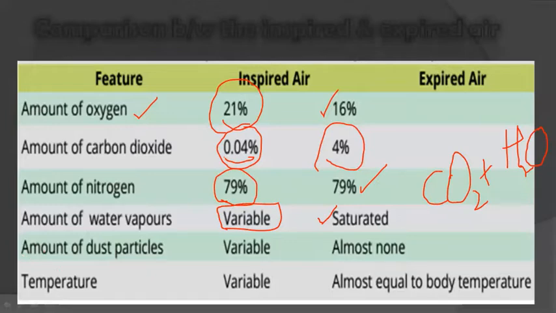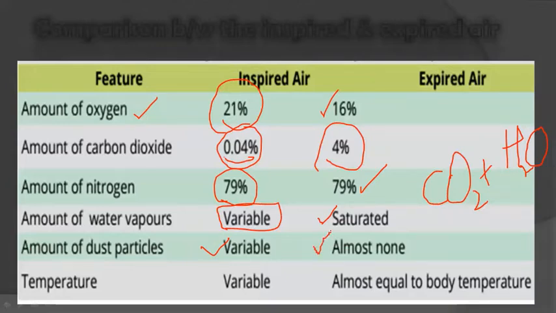Okay, so next one is amount of dust particles, that is variable. It is variable if there is a dust storm or too much pollution. If we are living in a clean environment, sometimes there are dust storms, so that is variable.